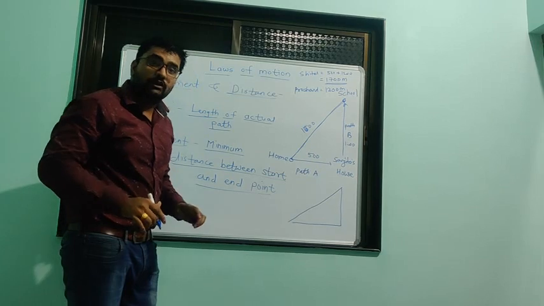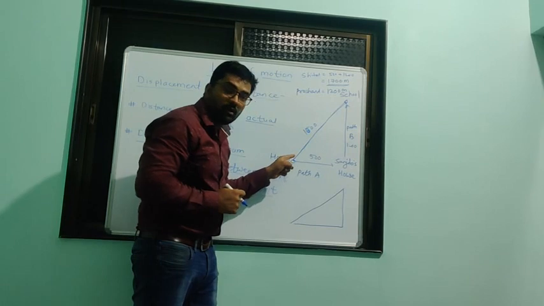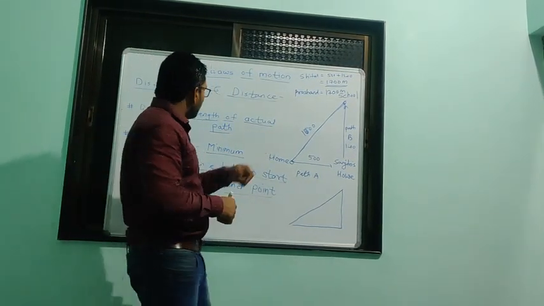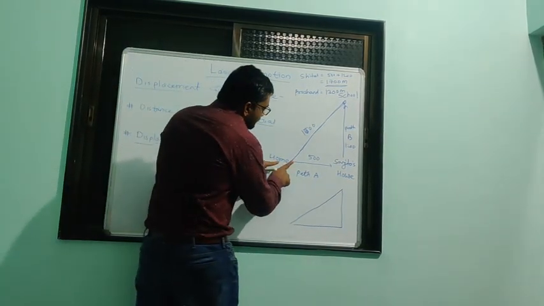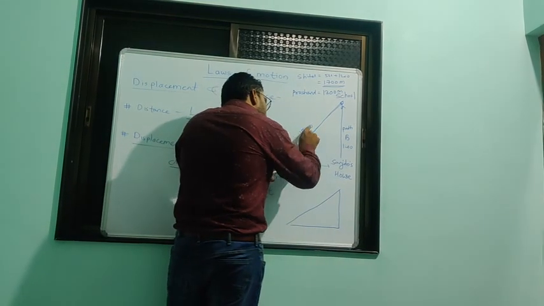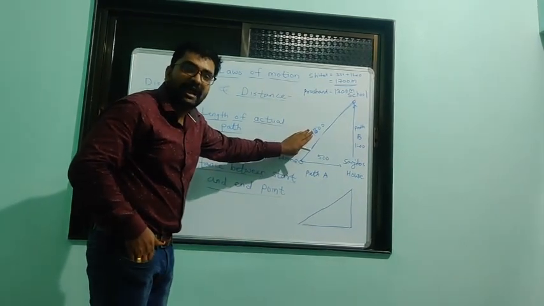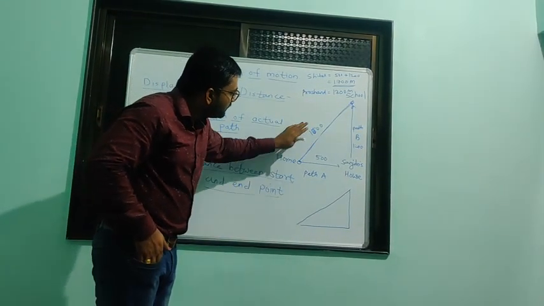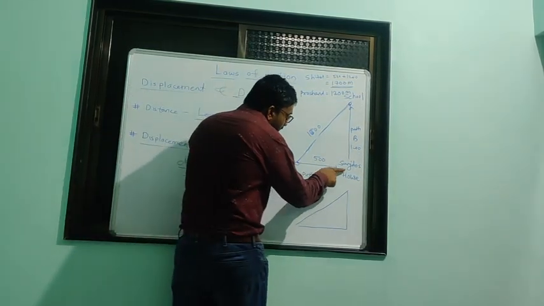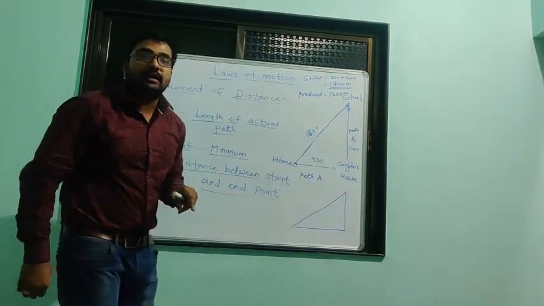So this is the displacement: 1300 meters, but the actual path covered is not the same. For Prashant, this is the path he followed, so this is his displacement, 1300 meters, and 1300 meters is also the actual distance covered by Prashant. But Sheetal covered 500 meters plus 1200, so 1700 meters of distance.